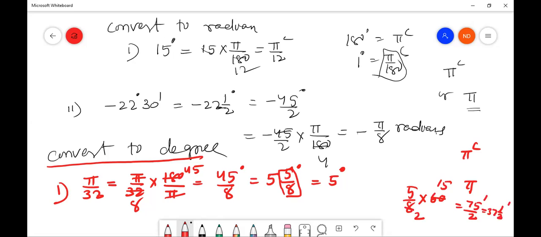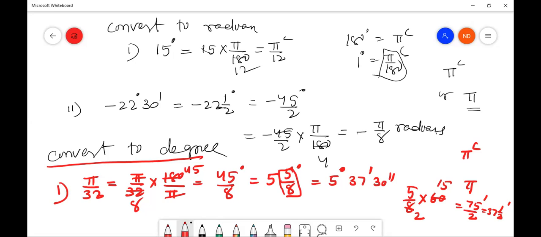So you are getting 37 minutes. Half a minute means 30 seconds, since 1 minute equals 60 seconds. So pi by 32 radian equals 5 degrees 37 minutes 30 seconds.